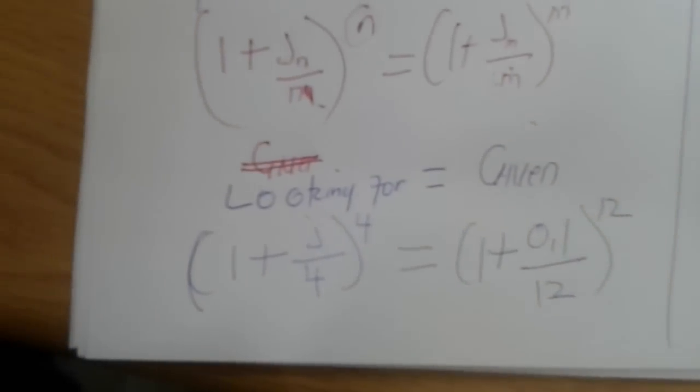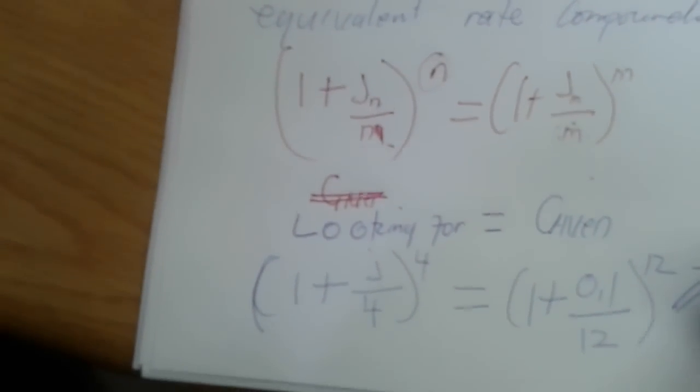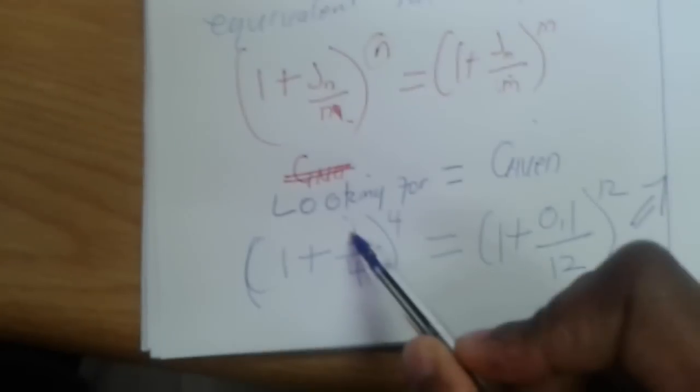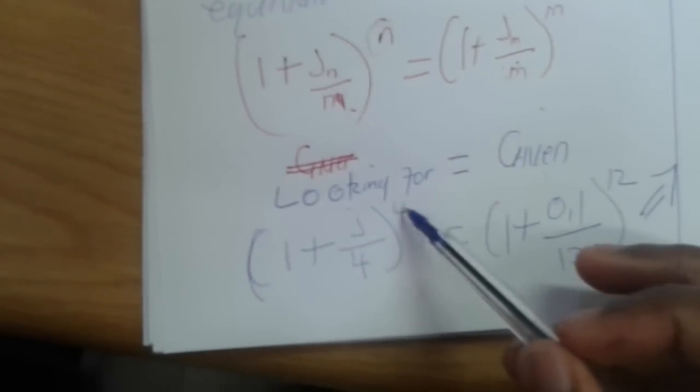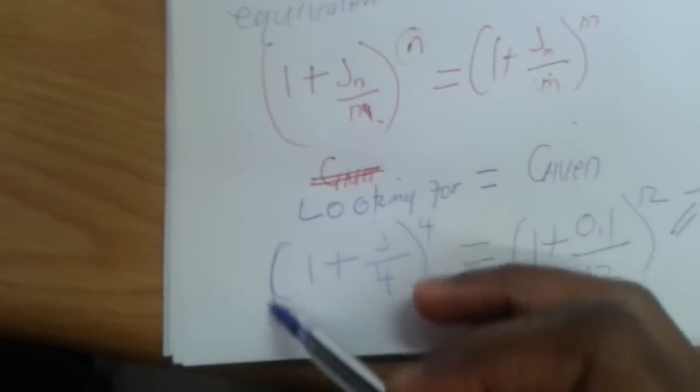We need to make j the subject of the formula. So we are going to make the power 1, because then we can easily get rid of the bracket.